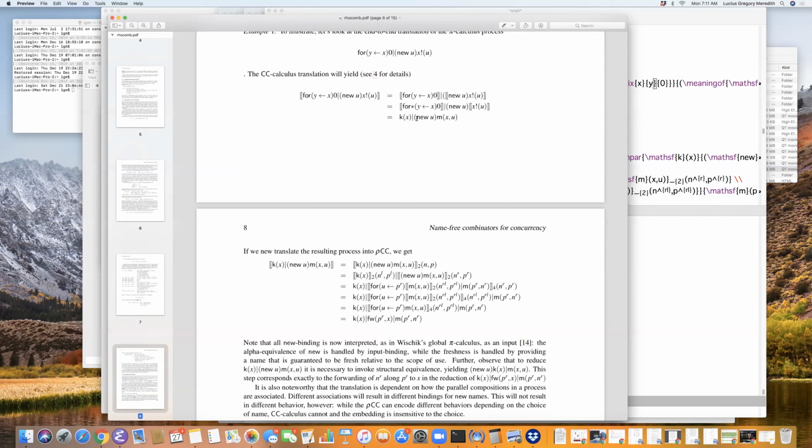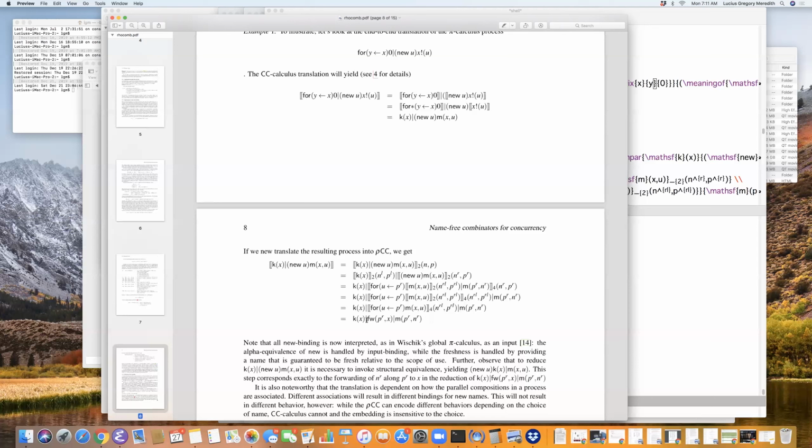It does exactly the same thing that this does, except for the scope extrusion. And this is where things get interesting. The scope extrusion, the step of extruding the scope, corresponds precisely to this forwarding step. And that's exactly what would happen in implementation. When you implement scope extrusion, you're basically expanding the possible namespace, not the message sets.